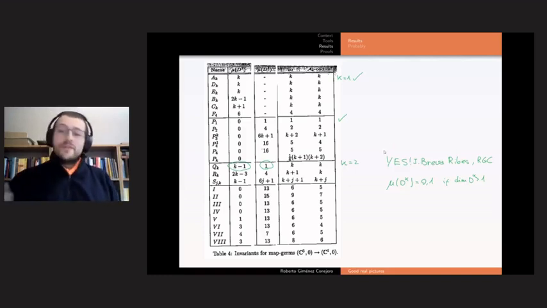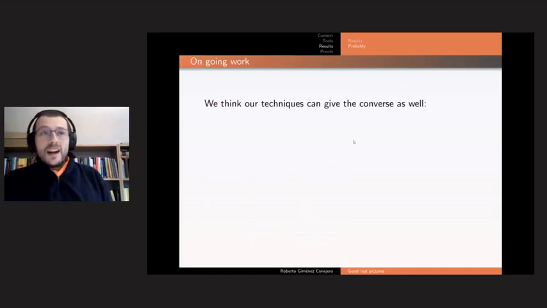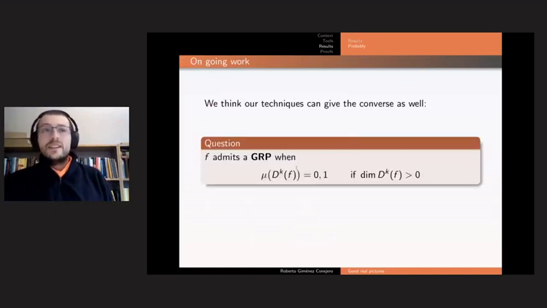And actually, because we were inspired by this example, we think that probably our techniques give the converse as well, meaning that if you have this condition that the Milnor number is 0 or 1 when the dimension of the multiple point space is positive, then you have a good real picture, like in the case of Q2.